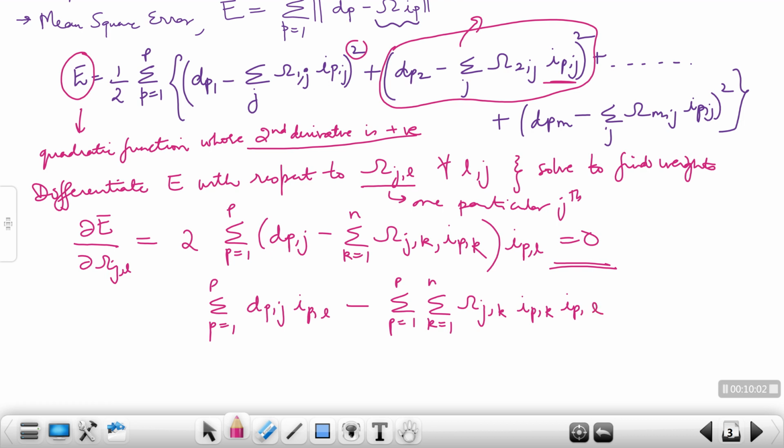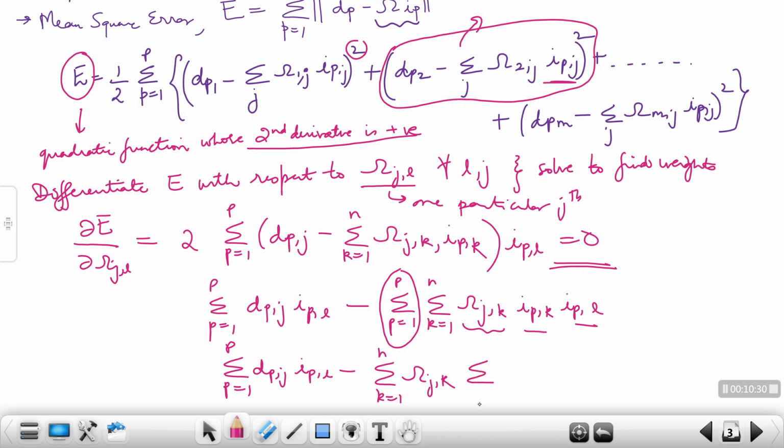Now what we can do here is that, if you see here, this omega jk is not dependent upon p, only these two are dependent upon p, so I can still simplify it. And I can take this summation out, omega j comma k, and here I would be getting small p equal to 1 to capital P, I pk and I pl, and this I can write is equal to 0.